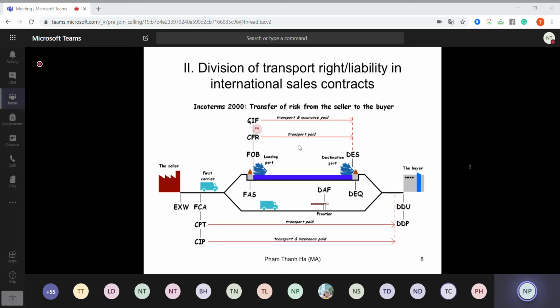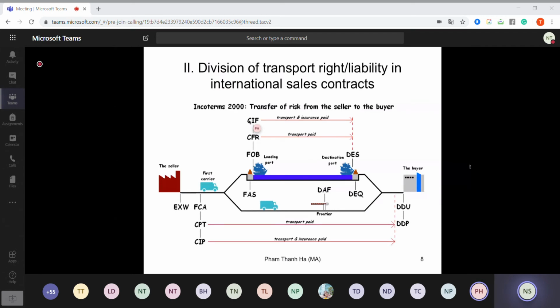So CIP is larger than CIF. Okay, thank you. Any other opinions? I think for CIF the mode of transport is sea transport, and for the CIP it is your own mode of transport. Exactly.